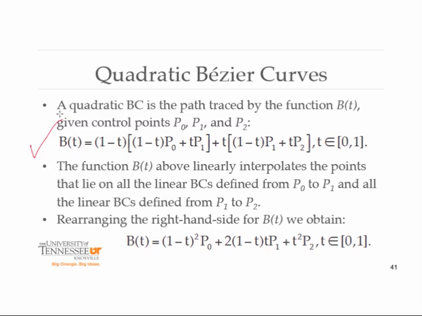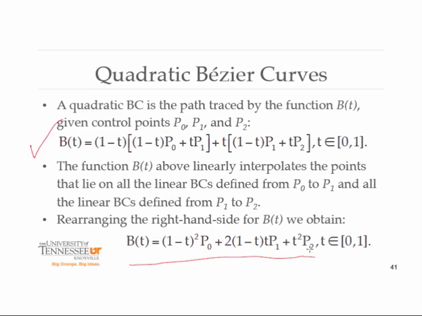So this is why it's a very simple and elegant mathematical construction of just taking linear combinations based on a parameter in a very structured way. If you take what I've indicated here for the quadratic Bezier curve and do a little algebra, you can reconstruct it so that it looks like this.